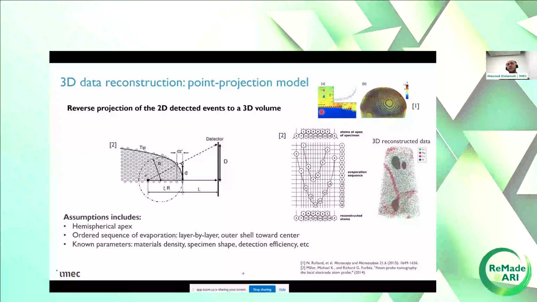We know that at the top atomic layer there will be more field enhancement, or charge concentration, let's call it. So those atoms evaporate earlier than those from the second layer. And of course, at the sides of the lattice, there's additional field enhancement or charge concentration. So we know that the probability of evaporation is also higher for, let's say, adatoms or at the side of the lattice. These are the sequences that we detect.